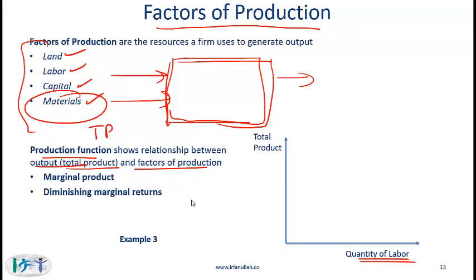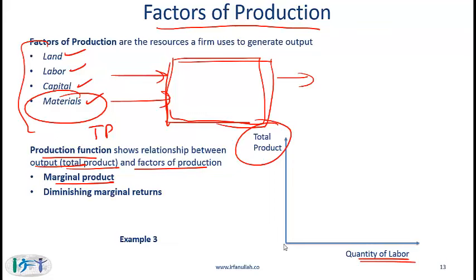So let's do that over here. We are looking at total product as a function of quantity of labor. Marginal product would be the additional output that is produced by using one more unit of labor.